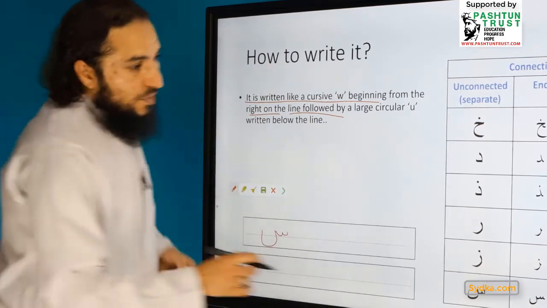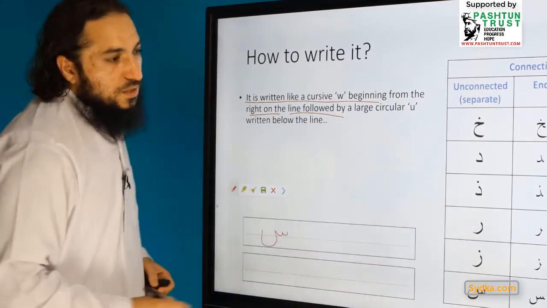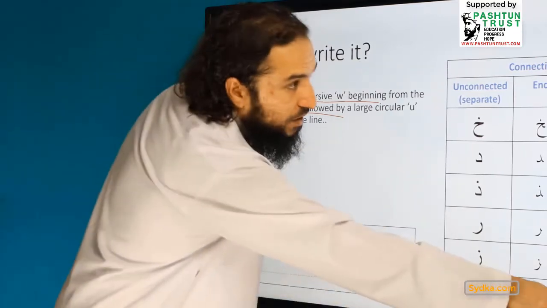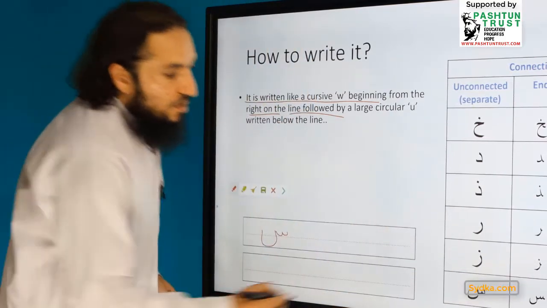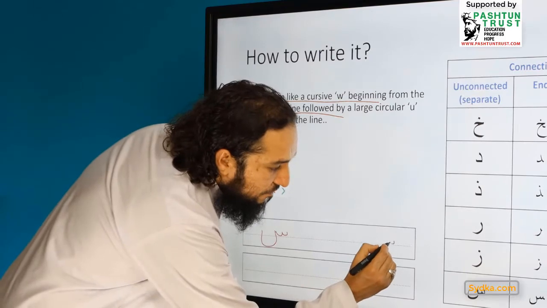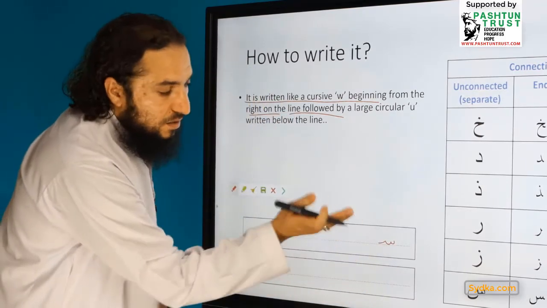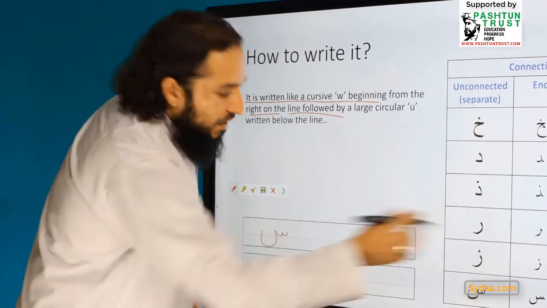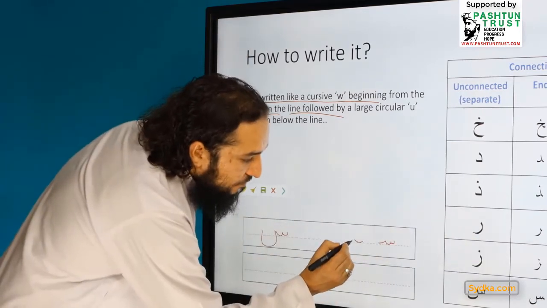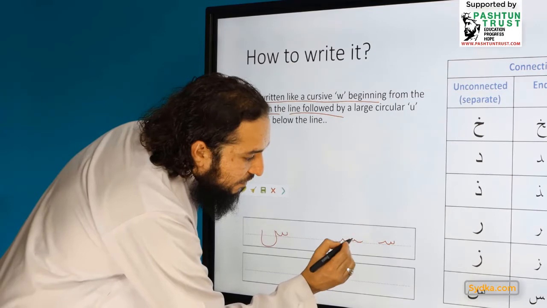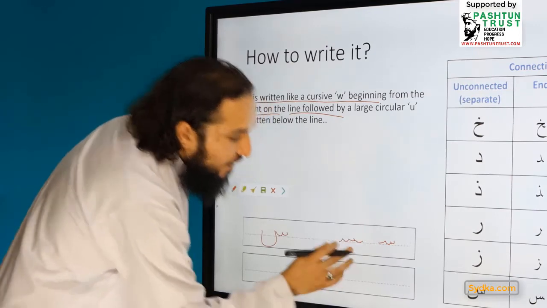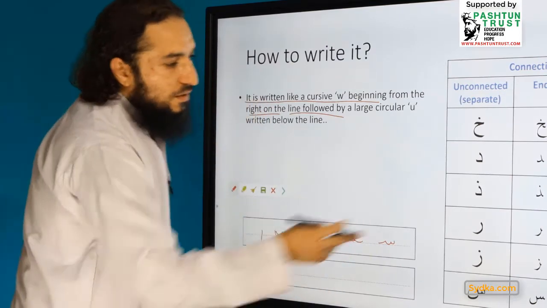Other forms. If it is written at the beginning of a word, then it looks like this, and in that form it stays on the line. If it is in the middle, it again stays on the line.